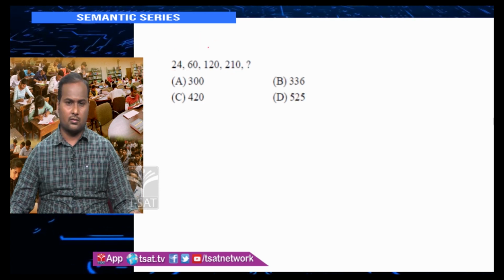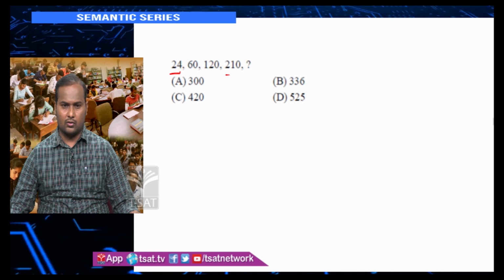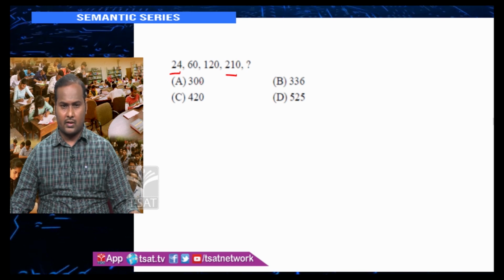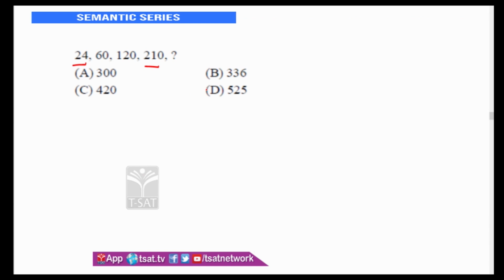If you see this question, it starts with 24 and ends with 210. Options are also like 300, 336, 420 and 525, which are very big numbers. So when there are big numbers, obviously first check with the cubes. The moment I see this one, keep in mind the values near the cubes as well.